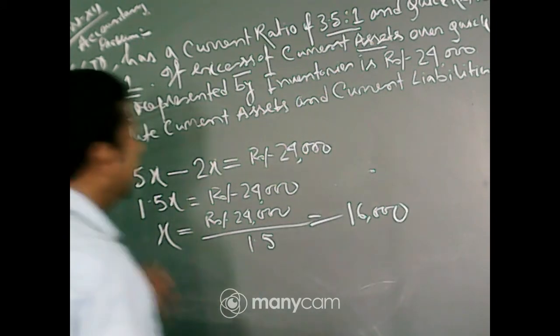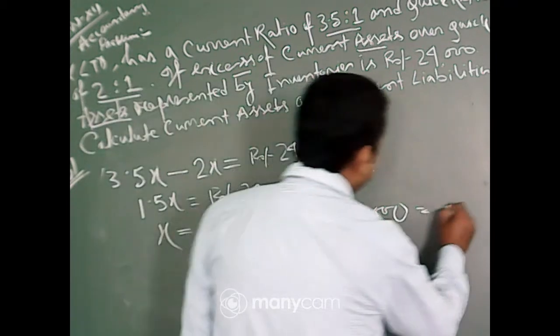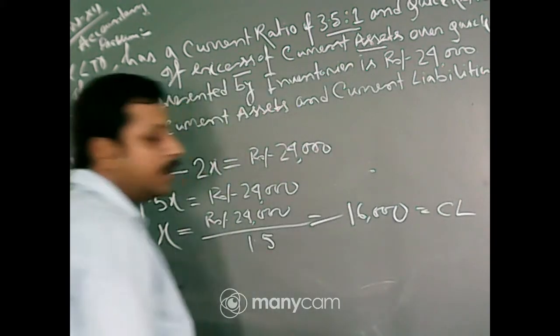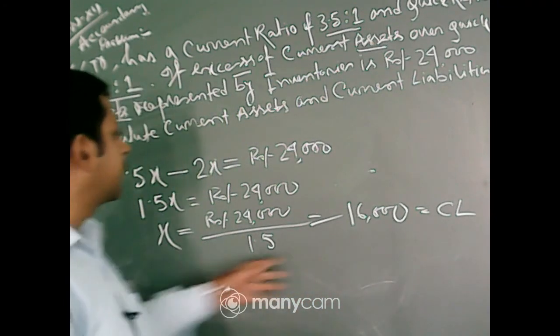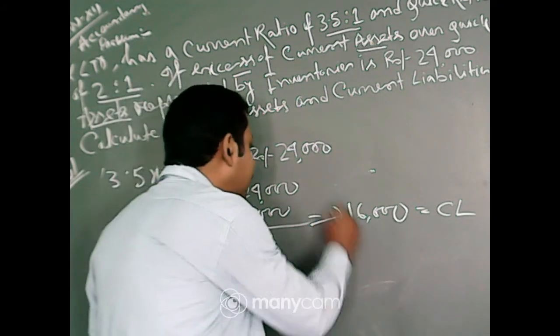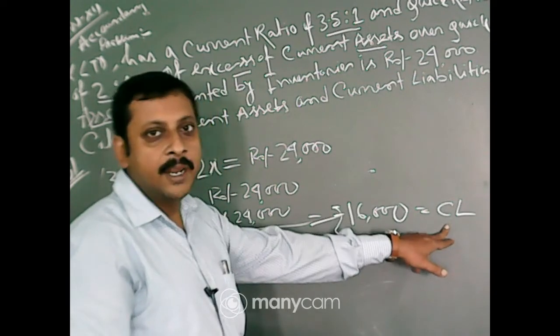So x equals 16,000, and that is actually the current liabilities, because we assumed current liabilities equal to x. So whenever we got x, that 16,000, that is rupees 16,000, that is current liabilities.